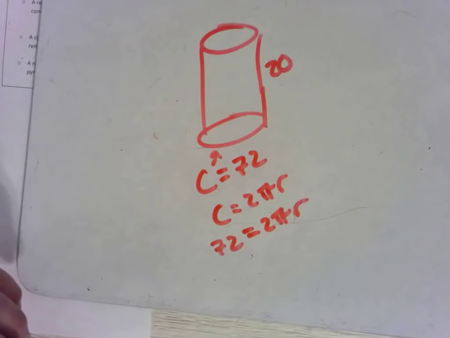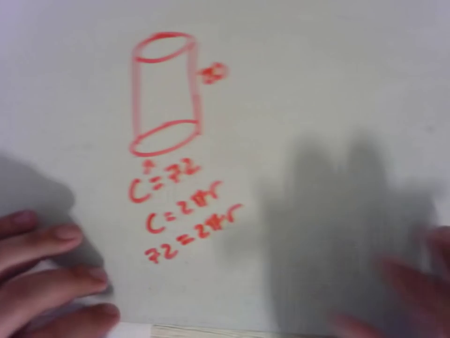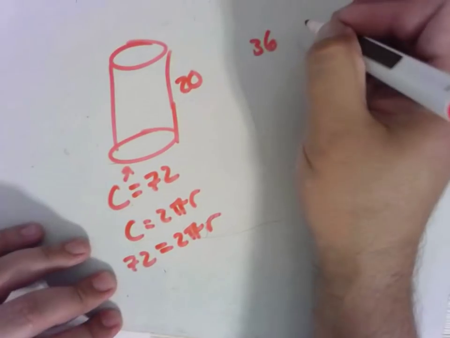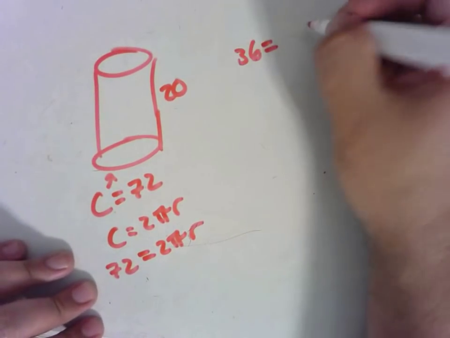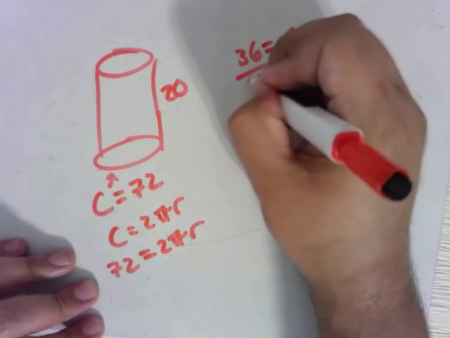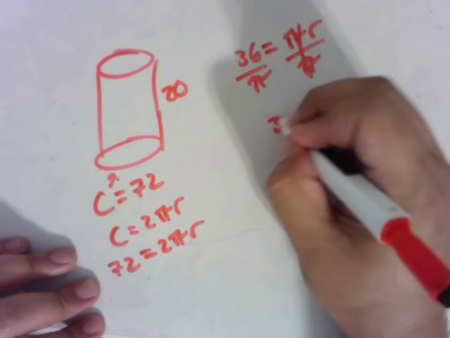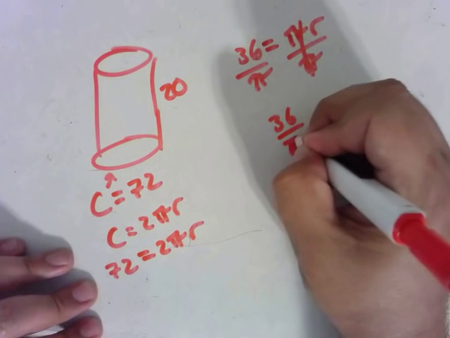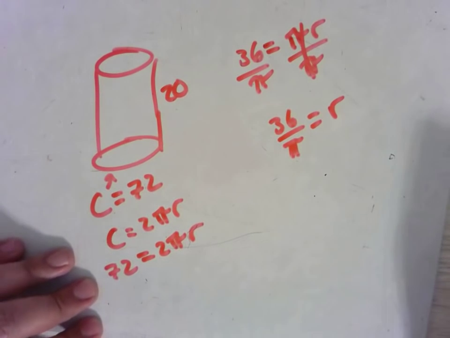Actually, 72 divided by 2 is just 36. So I'm going to make this easier. 36 is equal to pi times r. Then you divide by pi. I'm going to leave it like that. So 36 over pi is equal to r.